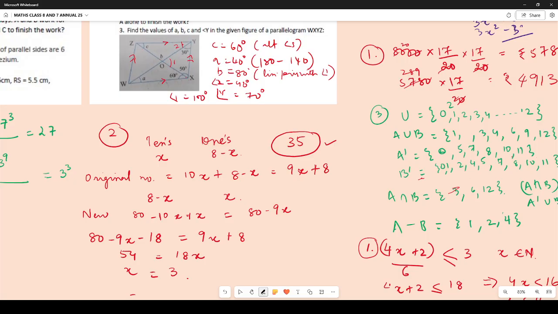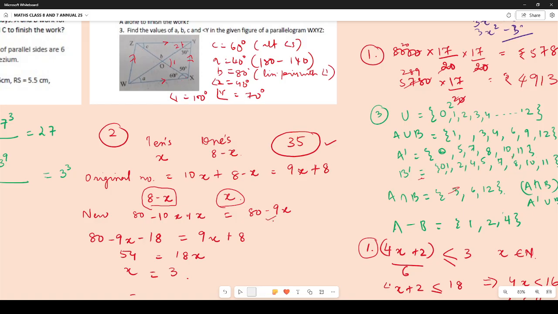This is the original number. Now for the new number, the tens digit becomes 8 minus x and the ones digit becomes x. So the new number becomes 10 times 8 minus x, which is 80 minus 10x plus x. That gives you 80 minus 9x.